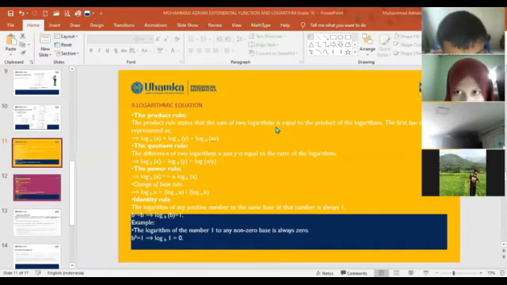Example, the logarithm of the number 1 to any non-zero base is always 0.